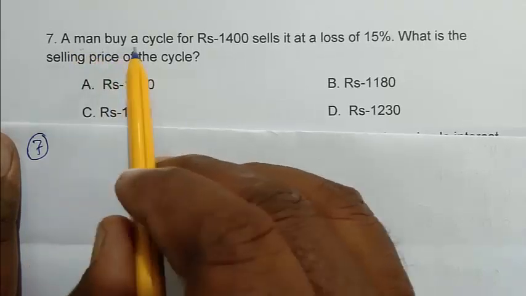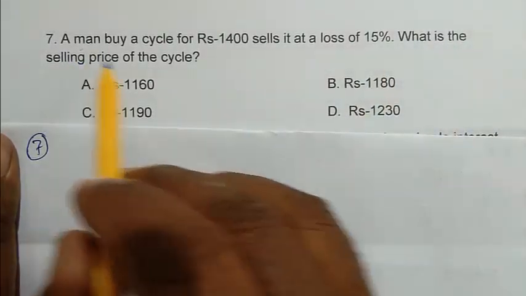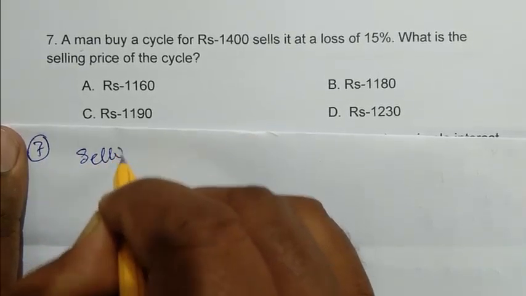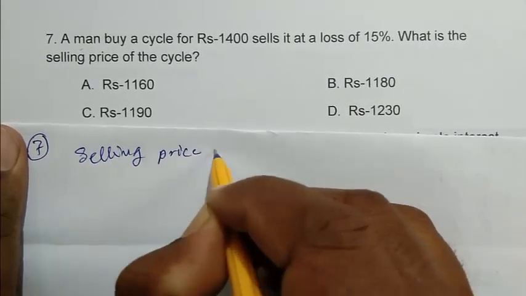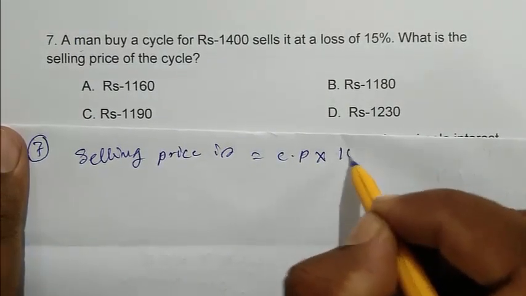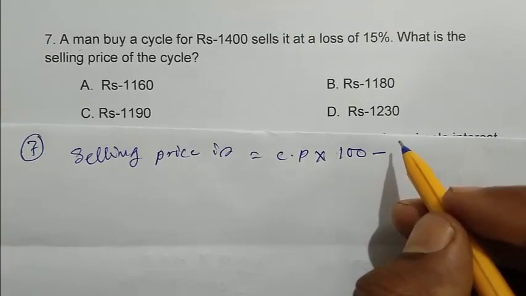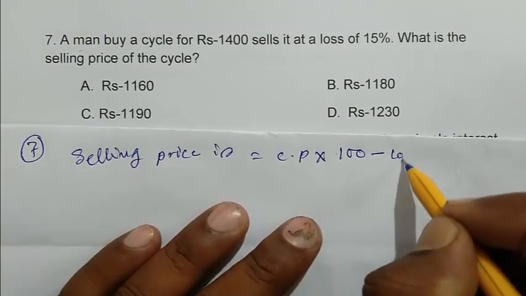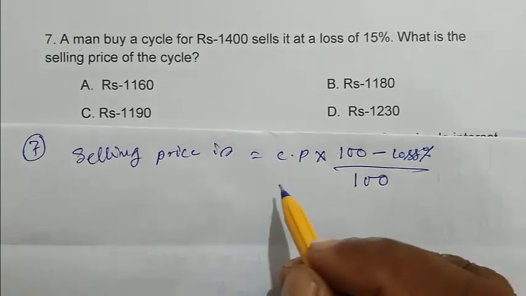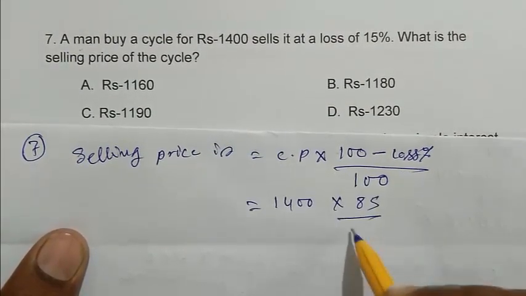Question number 7. A man buys a cycle for rupees 1400 and sells it at a loss of 15%. What is the selling price of the cycle? From the formula we know that selling price is CP into 100 minus loss percentage by 100, that is CP into 85 by 100.